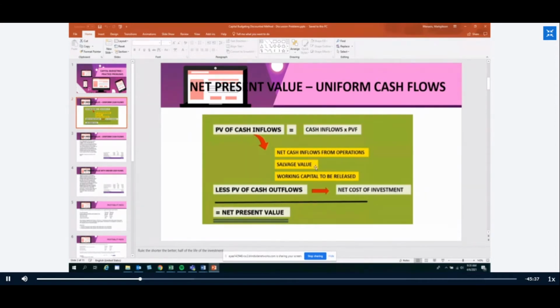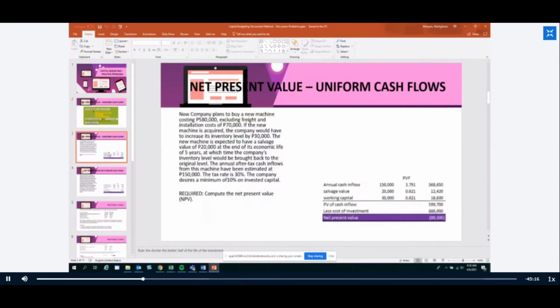Pag salvage value, it's present value of 1. Working capital to be released, it's present value of 1. Less present value of cash outflows, which is actually your net cost of investment. So just this will be your formula to arrive with the net present value of investment, no? So let's have a sample problem, no?